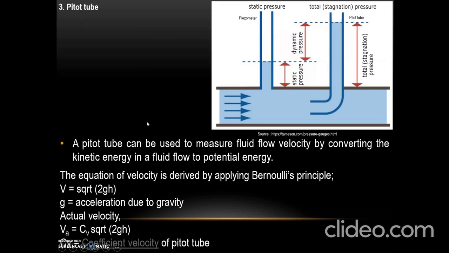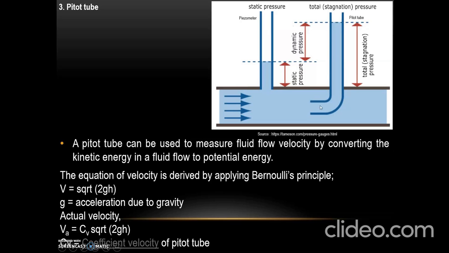Third one is the pitot tube. The pitot tube is used to measure fluid flow velocity by converting the kinetic energy in a fluid flow to potential energy. So here we can see the flow of liquid through a pipe, to which a piezometer is connected, which will measure only static pressure, and this is fixed at the wall of the pipe.